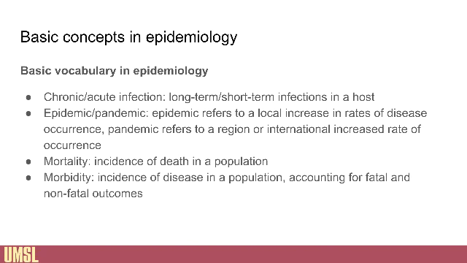So, I'm going to throw some vocabulary at you in the next couple of slides. There's a lot of terminology you will see related to epidemiology, such as whether things are a chronic or acute infection. This is the idea of whether this is a long-term or short-term infection in a host. Some of the pathogens you are looking at are very acute pathogens.